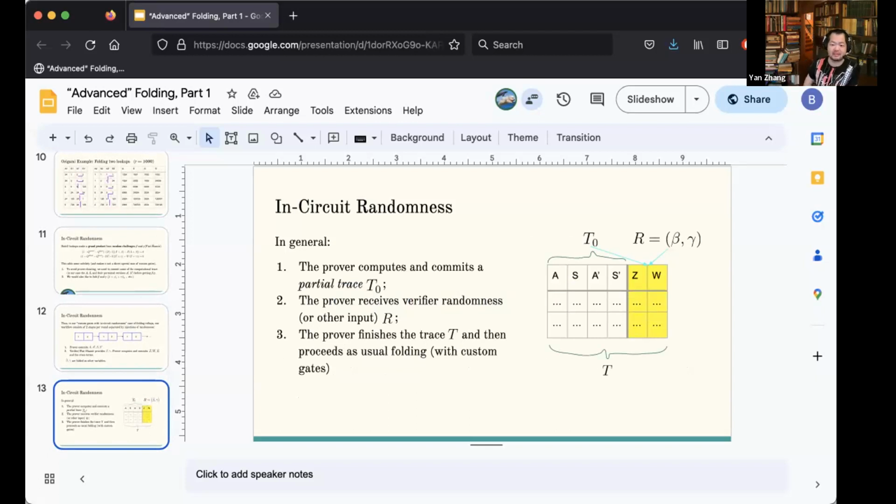It doesn't even have to be random, it's just that the only situations we can think of are when it's random. In this case, R, which we called beta and gamma before. Then the prover is able to compute Z and W. That gives a full trace T, and then that could be folded as in Sangria or Nova, etc. Notice that this could also be theoretically generalized to having many layers of in-circuit randomness.